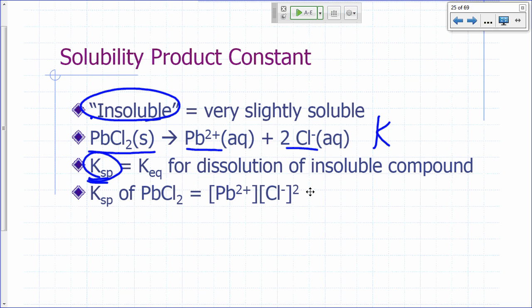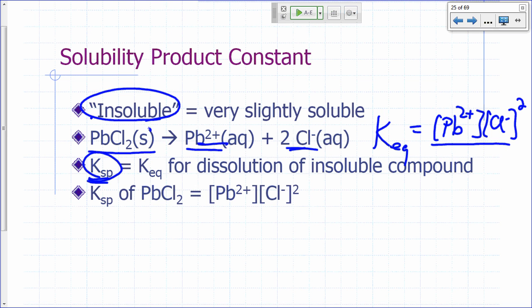Why? What would be the Keq for this? It's going to be the activity of lead ions times the activity of chloride ions squared, divided by, what's the activity of a solid? 1.